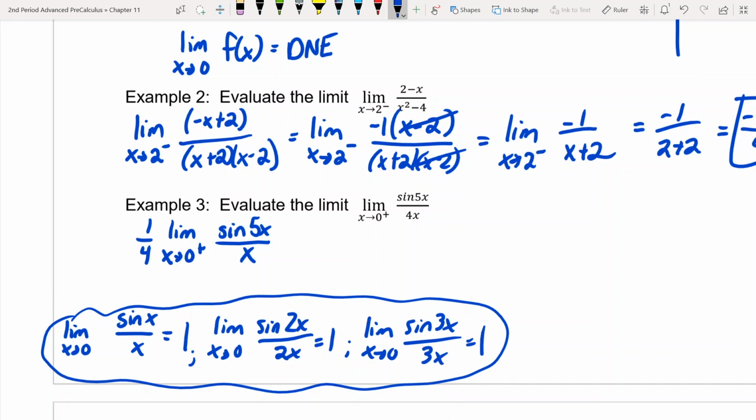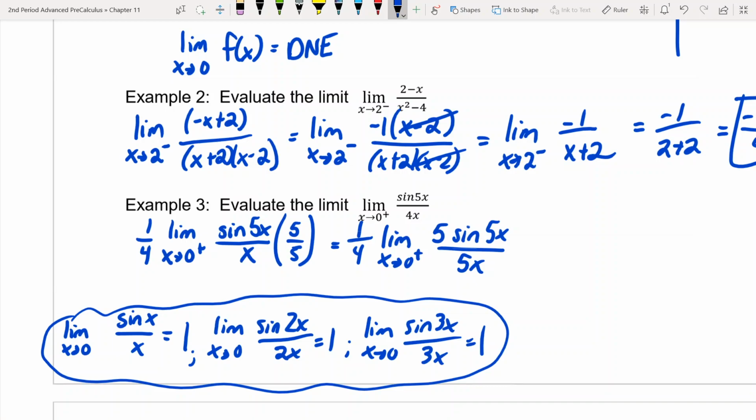So since I've got a sine of 5x, in order for that to simplify down, I need the denominator to also have a 5x. And for me to do that, I need to multiply both the numerator and denominator by 5. So we've got 1/4 times the limit as x approaches 0 from the right of 5 sine of 5x over 5x.